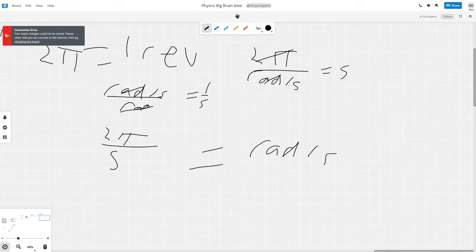Let me see if I can figure out what that is because I do not remember. It's apparently Coulomb's law.